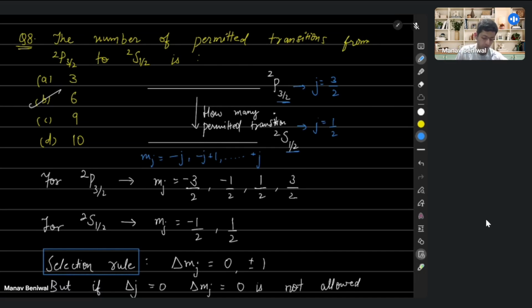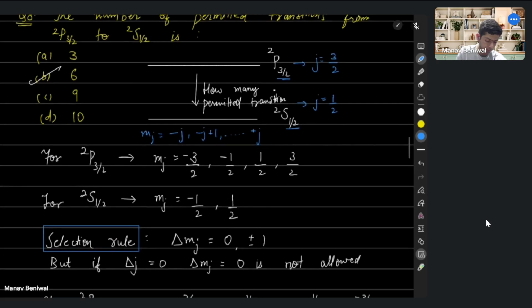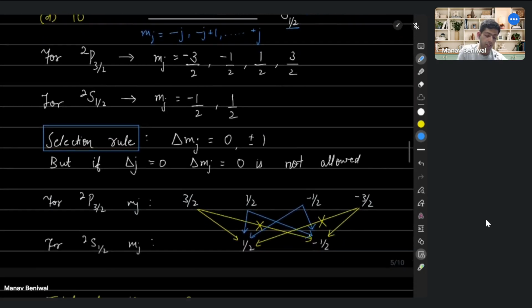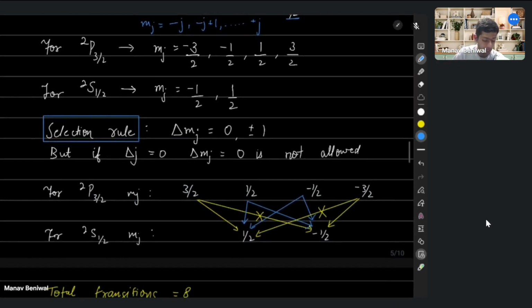Having done that, we also have one selection rule that for any transition delta mj, which is the difference in the value of mj, has to be either 0, plus 1 or minus 1. And there is another rule that if delta j is 0, then delta mj equal to 0 is not allowed.